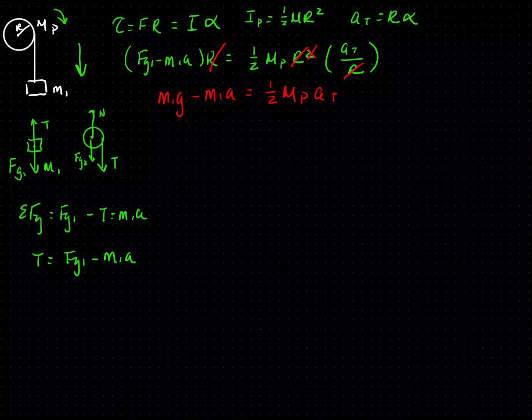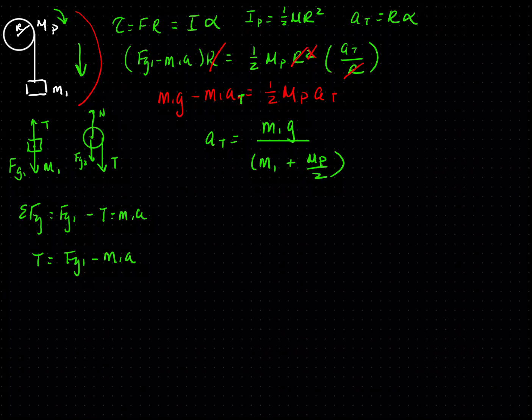We know since this moves as a system, my tangential acceleration has to be the same. So this is also AT right here. So solving for AT, I'm going to move the M1AT to the right side. So the top becomes M1G, and I could factor out an A on the bottom, so M1 plus MP over 2.